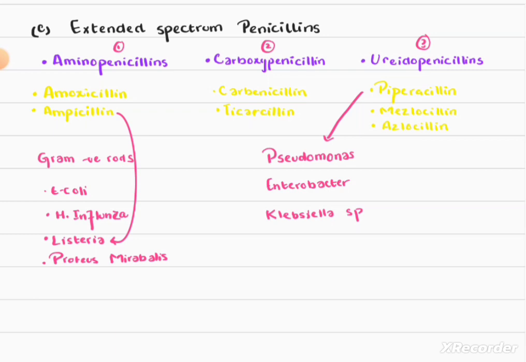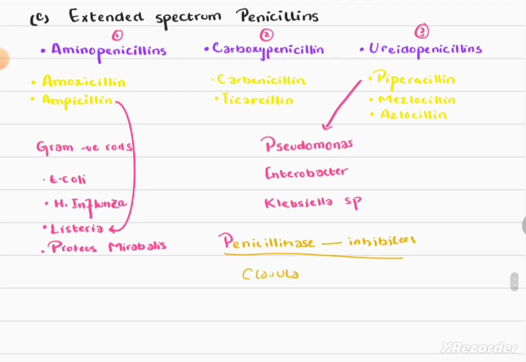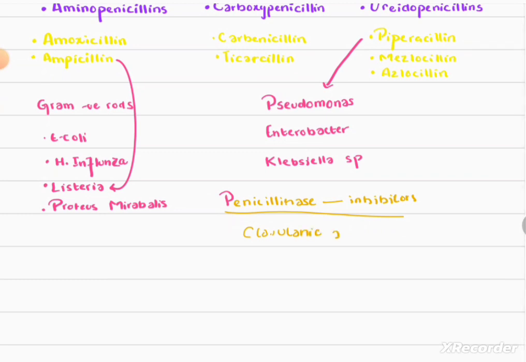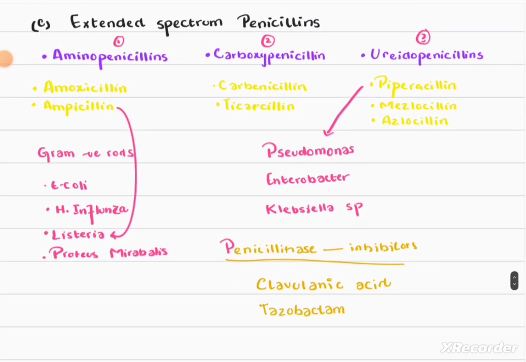Piperacillin and ticarcillin are also susceptible to penicillinases, so we use these along with penicillinase inhibitors, which are clavulanic acid and tazobactam, in order to have a broader spectrum of action.